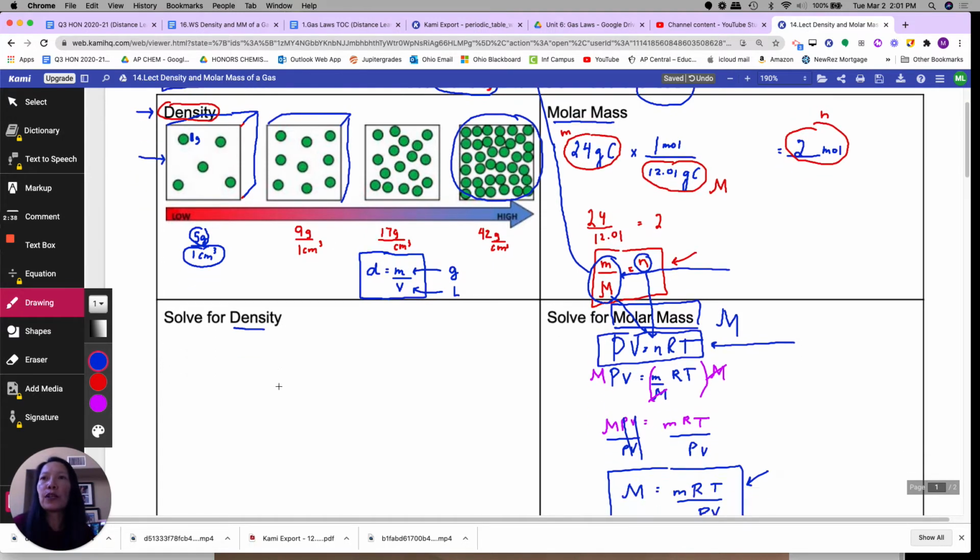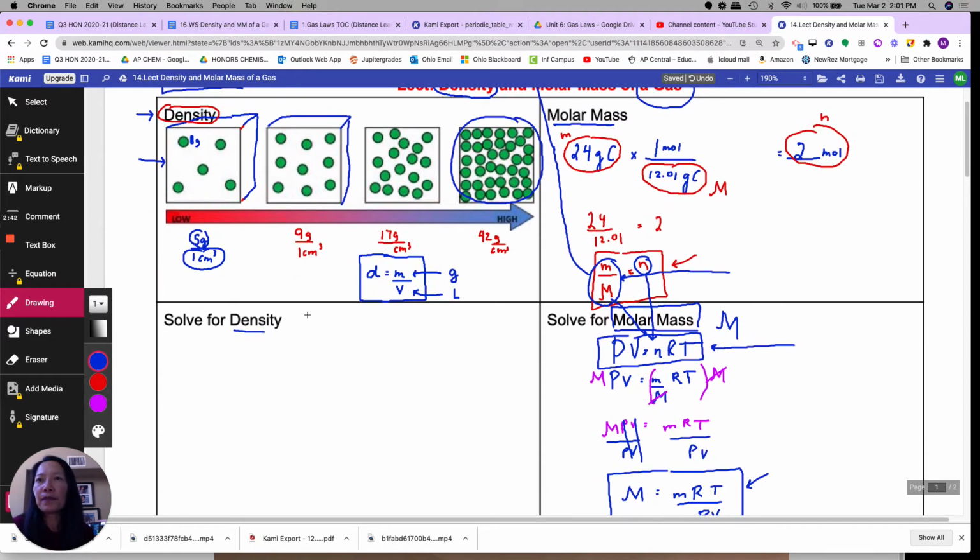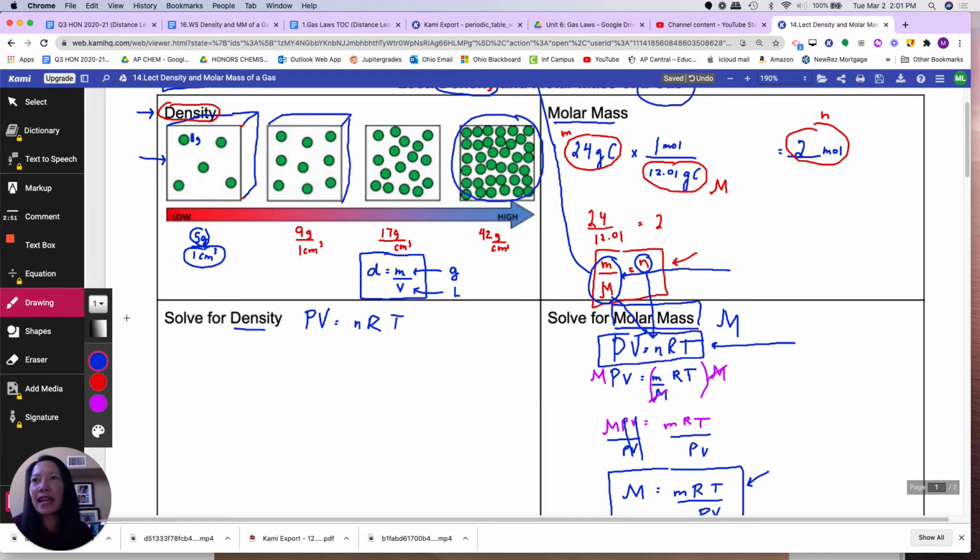Okay, so to solve for a formula for density, we start with PV equals nRT. The next step is to substitute. Because density is equal to mass over volume, I see the V right here, but I don't see m.